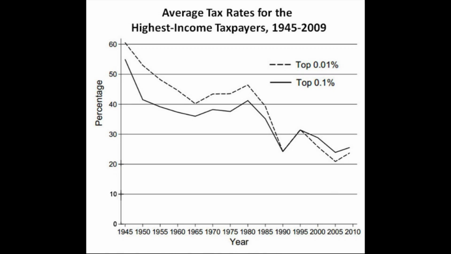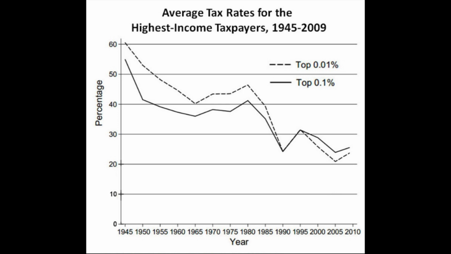The following graph gives information about average tax rates for the highest income taxpayers in 1945 to 2009. The items include top 0.01% and top 0.1%. You can see from this graph that the value of top 0.1% in 1950 is around 42.